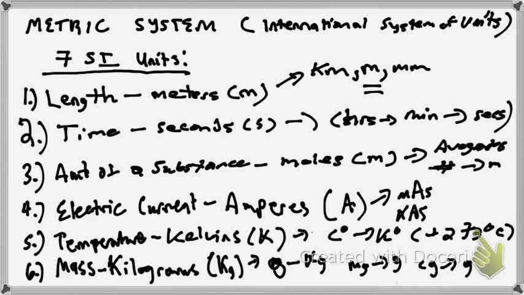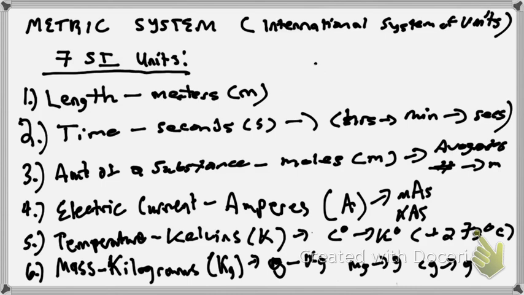But the most important ones that we need to know are length. We need to know how to convert from meters to kilometers, kilometers to meters, meters back to millimeters, millimeters back to meters, and we need to know how to go back and forth. So that's one of the measures that we need to know.